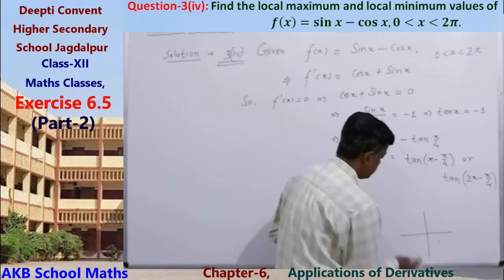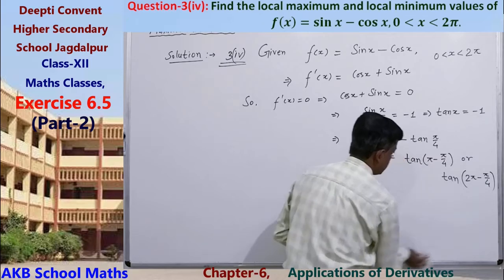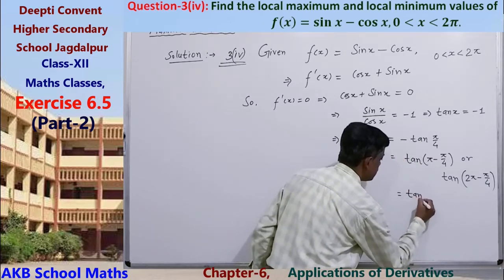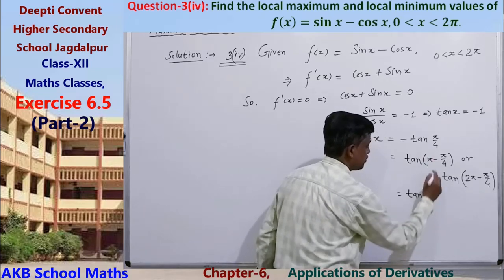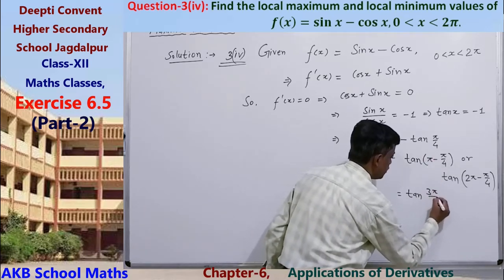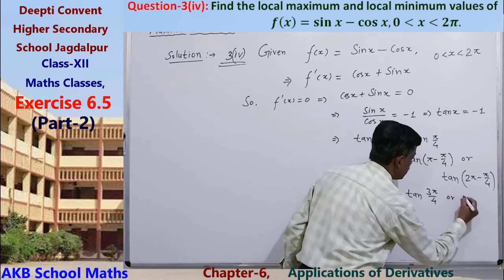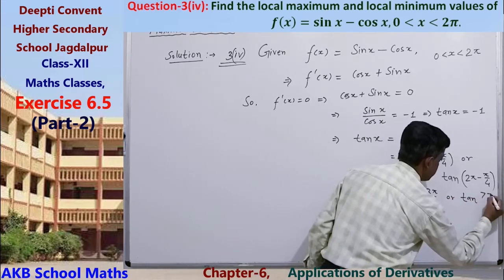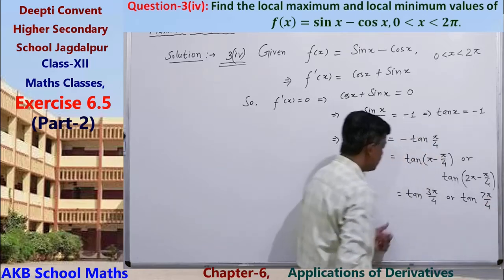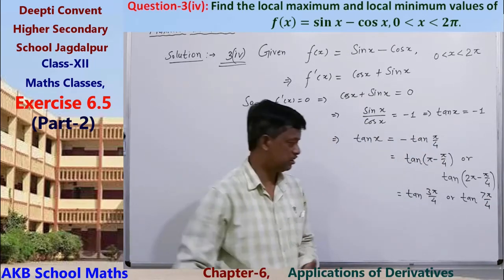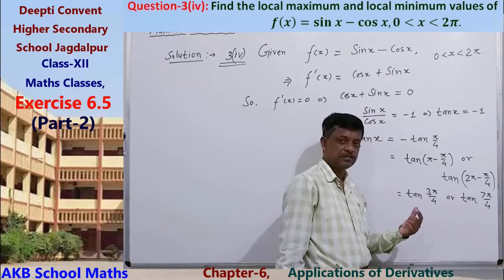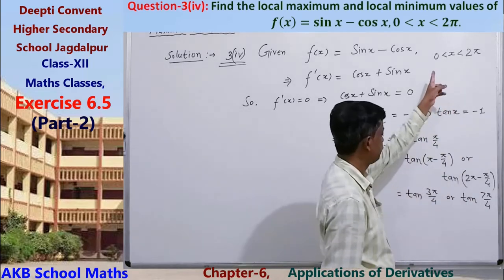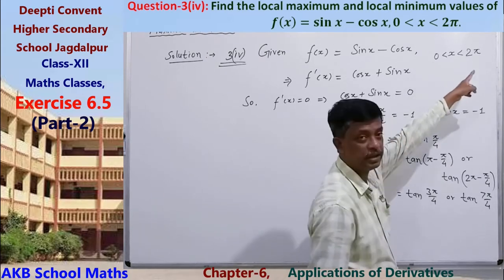Okay. So this is equals to what? Tan of 4 pi minus pi, 3 pi by 4, or tan 7 pi by 4. Here there may be infinite values, but we are searching for the values which lie between 0 to 2 pi.